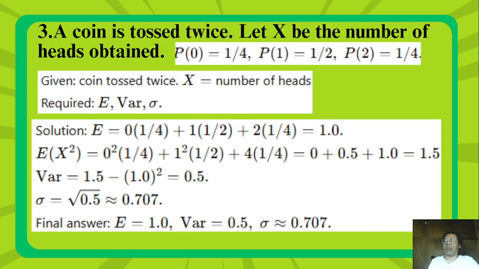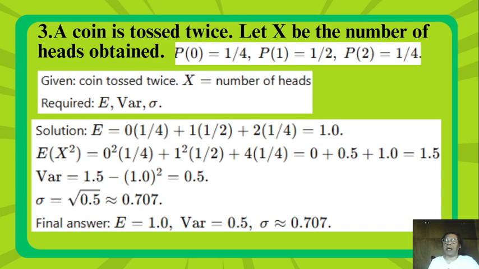That's equal to 0 plus 0.5 plus 1, which is 1.5. Our variance then is equal to 1.5 minus 1.0 squared, which is 0.5.